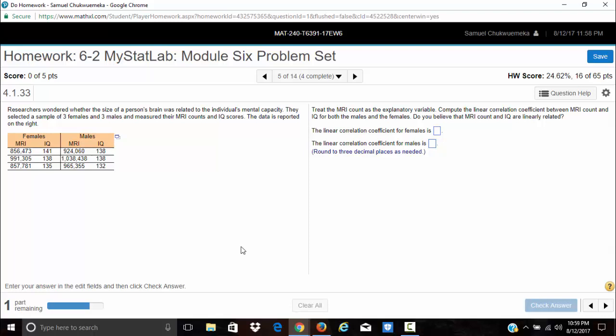The data is reported on the right. Well, I see the data on the left. Treat the MRI count as the explanatory variable. That's your x. Compute the linear correlation coefficient between MRI count and IQ scores for both the males and the females. Do you believe that MRI count and IQ scores are linearly related?